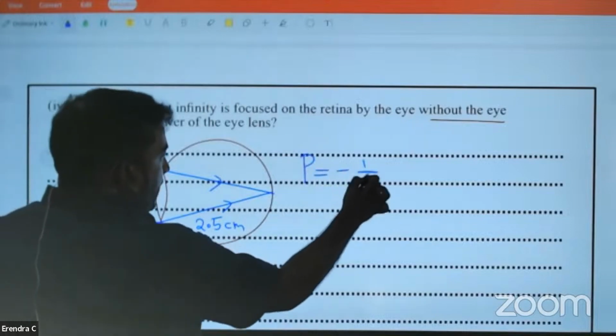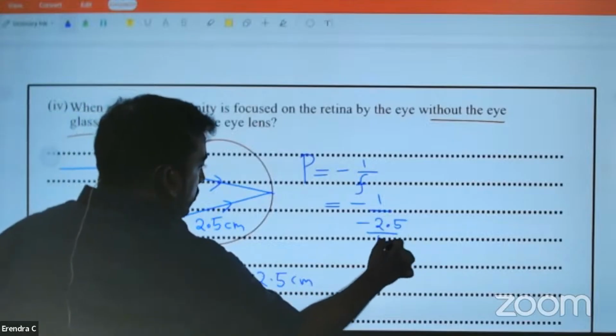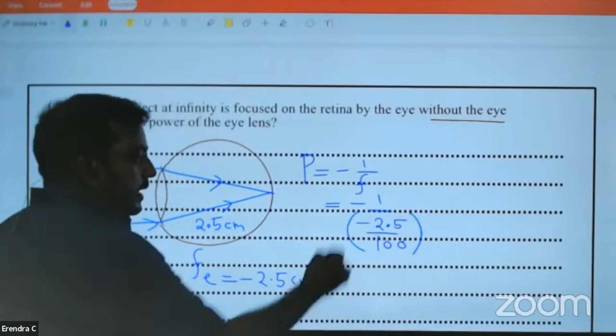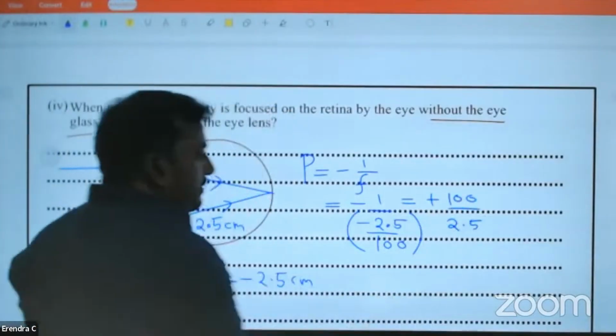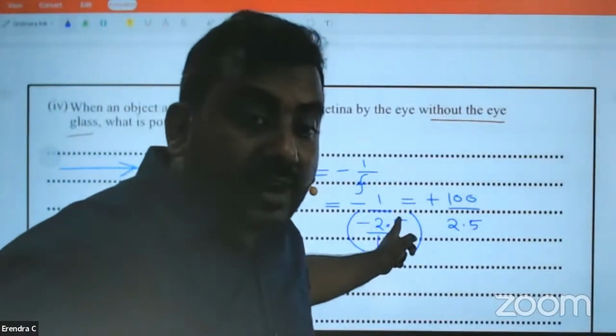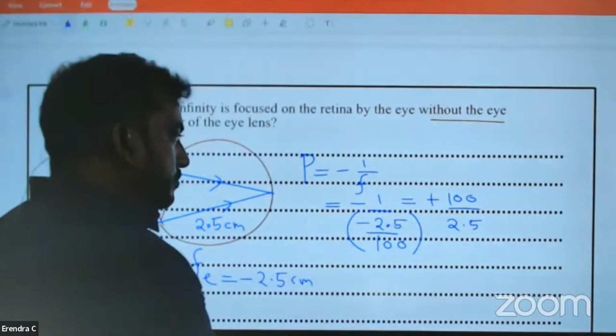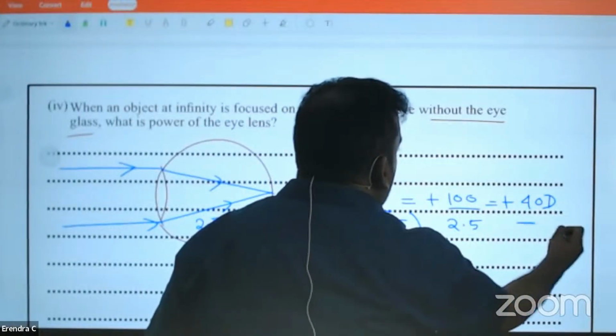Power is equal to minus 1 over F, minus 2.5. Please substitute in meters. Minus minus plus 100 divided by 2.5, because you must put this in meters. Meters only will make this diopters. 1000 divided by 25 will give you 40 diopter.